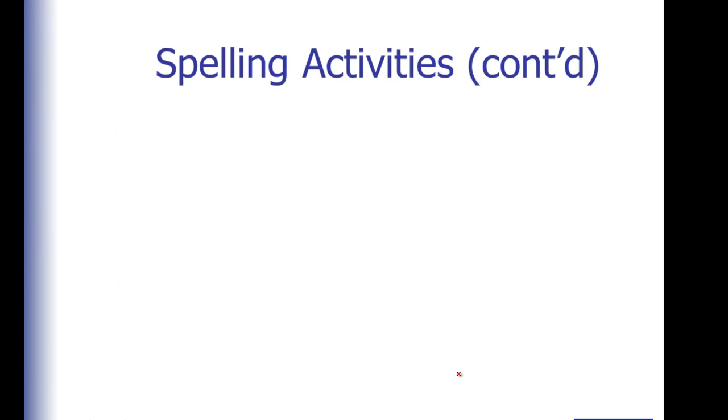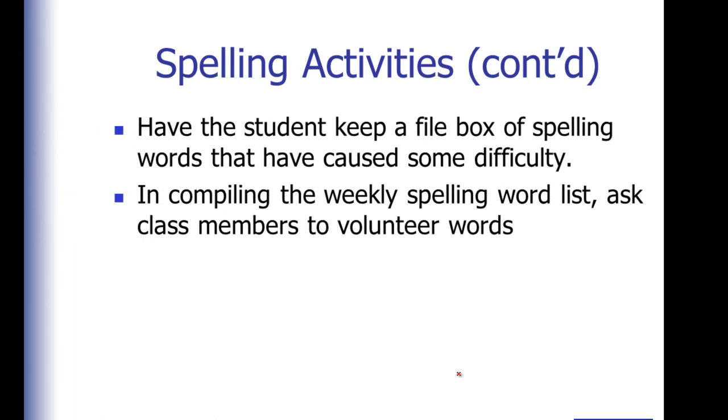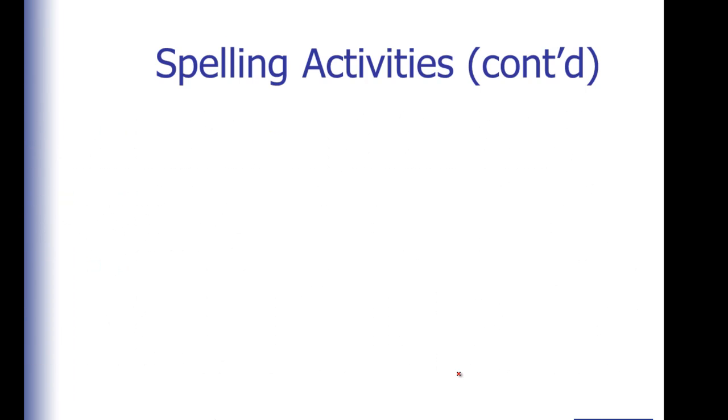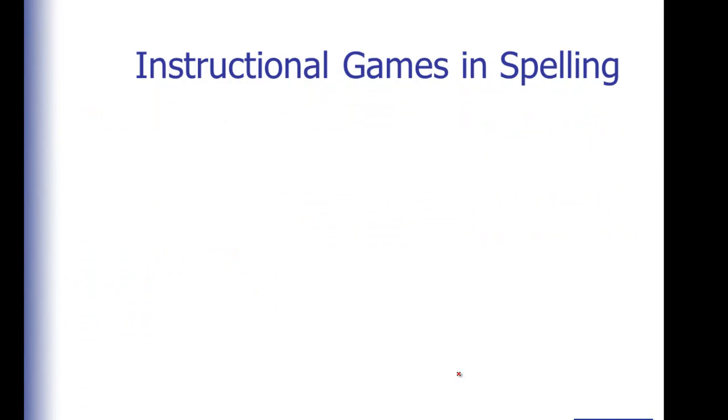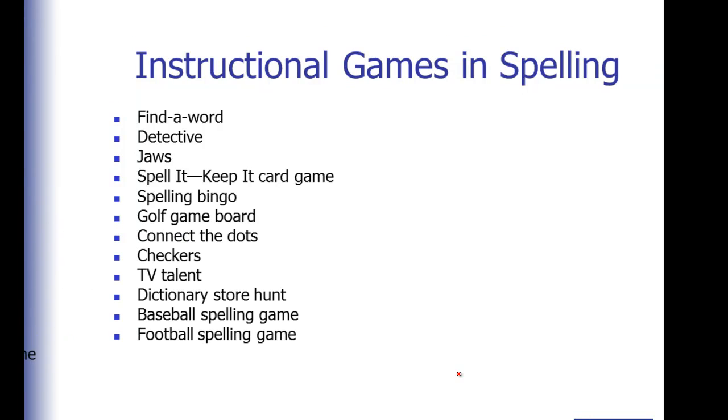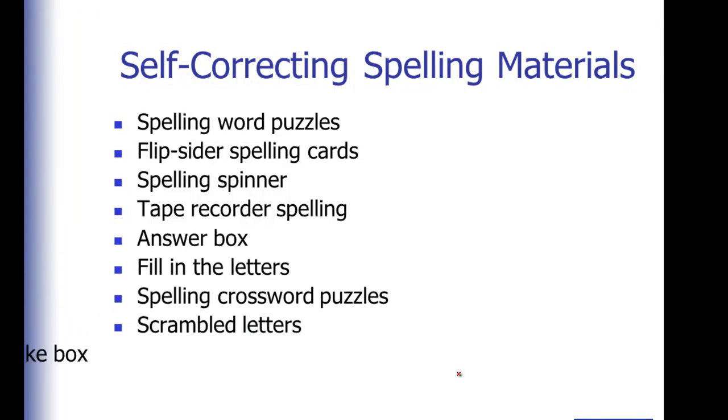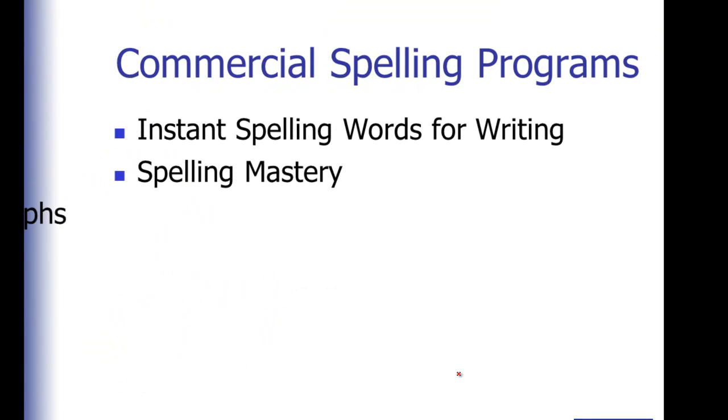So these spelling activities, again, I'm going to ask you to help me a little bit with some of these. And the book goes on then for several things. Here's some spelling games. I'm going to ask you to hook those up. Spelling materials. Spelling programs.